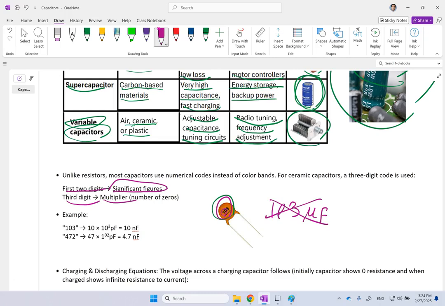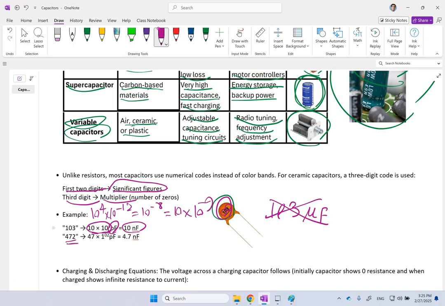It means 10 times 10 to the 3. And the unit of them is picofarad, 10 to the negative 12. So this is 10 to the 4 times 10 to the negative 12, which is 10 to the negative 8. So I can write it as 10 times 10 to the negative 9, or 10 nanofarad. So that guy is 10 nanofarad.